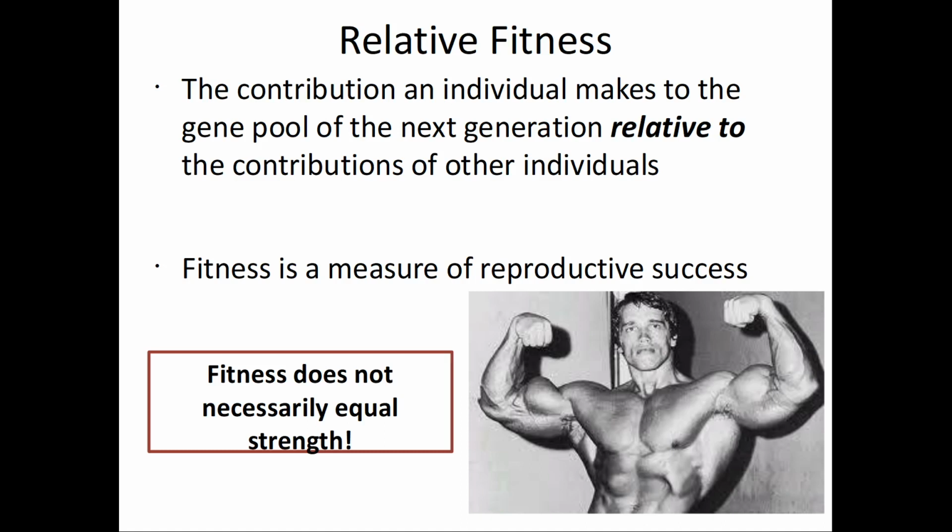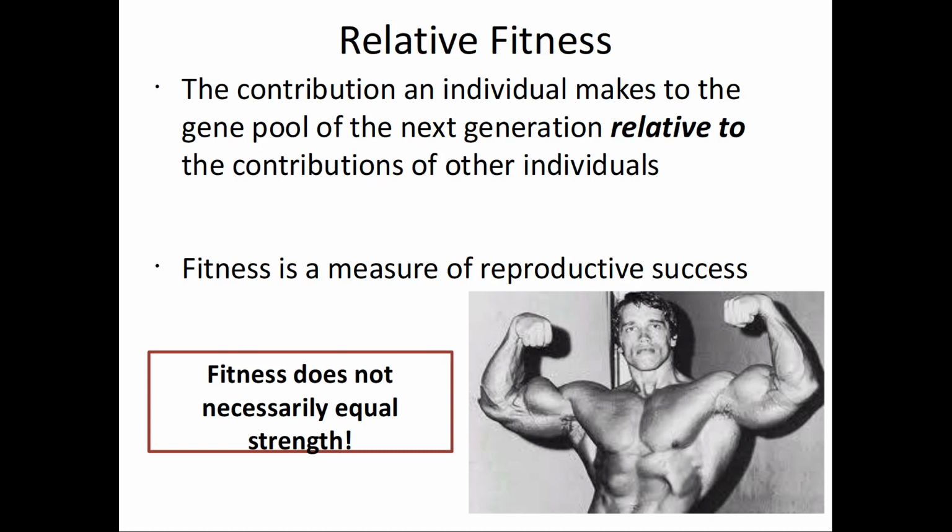Here we're talking about fitness. We're not talking about fitness like Planet Fitness here. We're talking about the ability to pass your genes to the next generation, the ability to survive. Survival of the fittest is survival of those who are able to pass their genes on to the next generation.